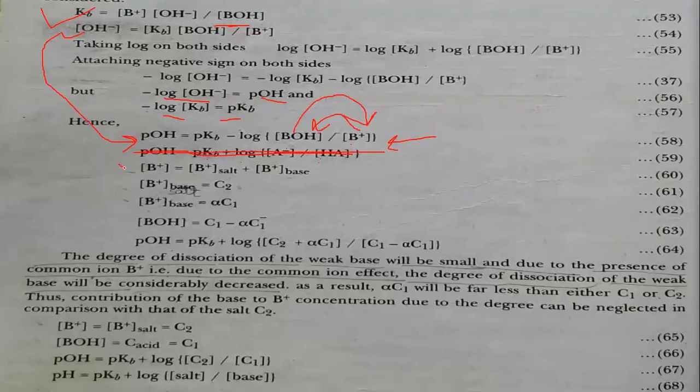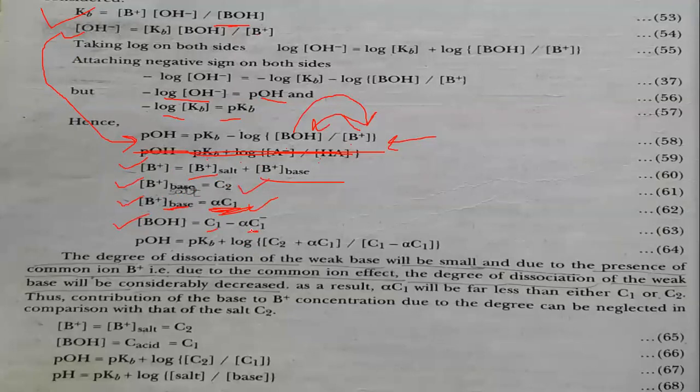As we know, we are getting B plus ions from the salt and the base. The B plus from the salt has concentration C2, and the B plus from the base has concentration alpha C1, as the base is very weak and gives a very negligible amount. The concentration of BOH will be C1 minus alpha C1.